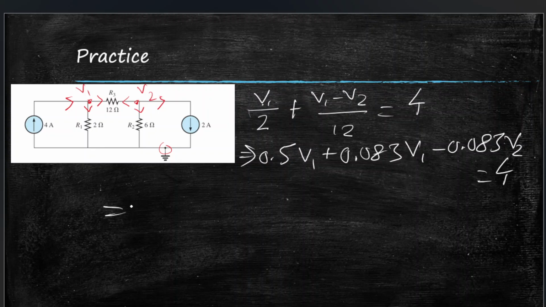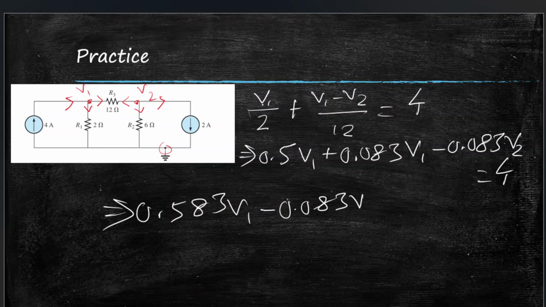Okay, now let's simplify that. So 0.5 plus 0.083, so 0.583 V1 minus 0.083 V2 is equal to 4. That's our equation 1.